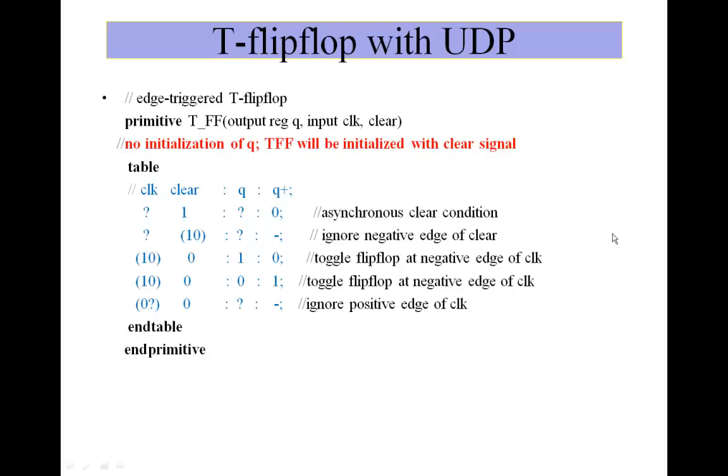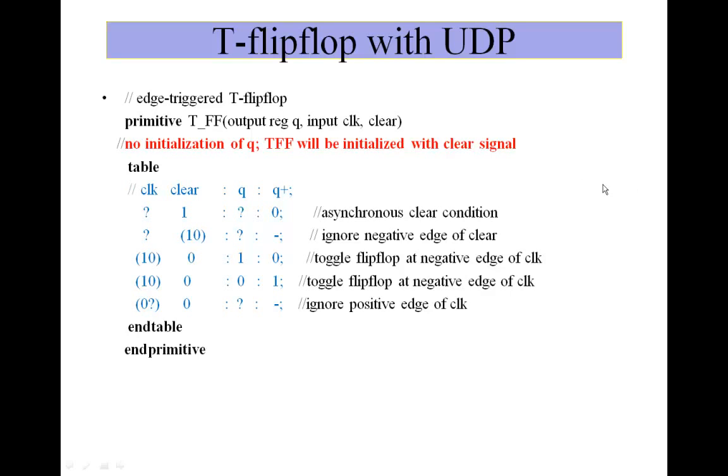That is synchronous. In asynchronous, though a negative edge may or may not be there, if clear is 1, then Q is made 0. So it is irrespective of your clock.